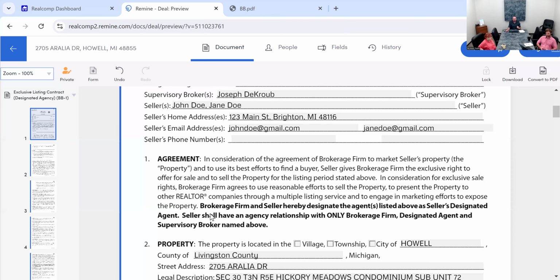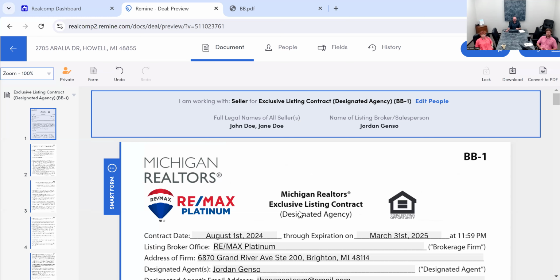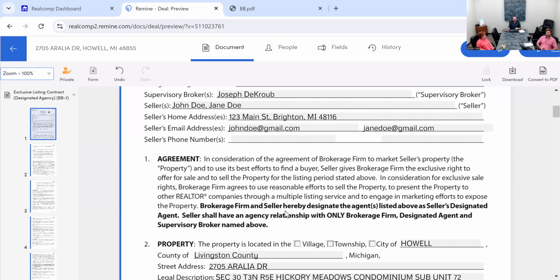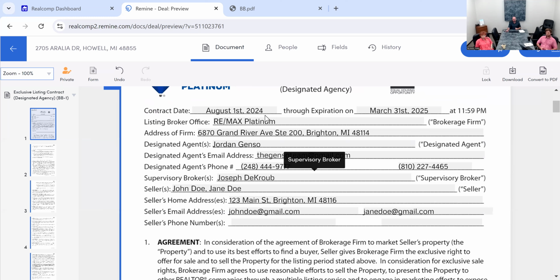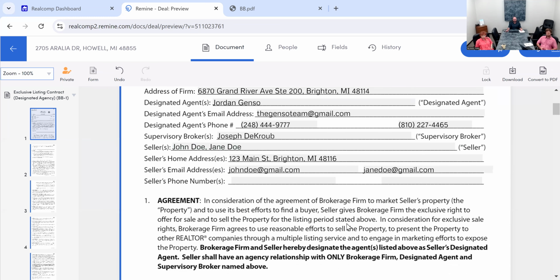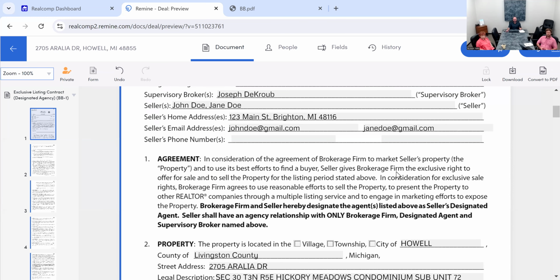So, it's an exclusive, that's why it's an exclusive listing contract. No, they're not able to sign another listing agreement with somebody else while our contract is in effect. All right. And then, in consideration for this exclusive sale rights, we agree to use our reasonable efforts to sell the property, to present the property to other realtors through the MLS and engage in marketing.